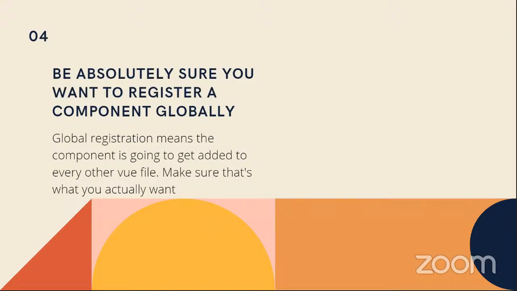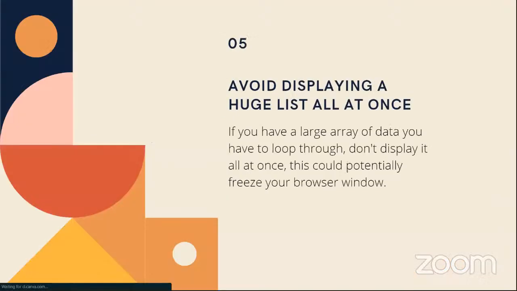But because you globally imported the post item component, it's going to be used everywhere. So before you do a global import, you have to make sure this component is something that is going to be globally used, right? Because eventually it's going to affect the build size of your application, and this is going to severely affect the performance. Yeah, now the fifth one is one that's very common.